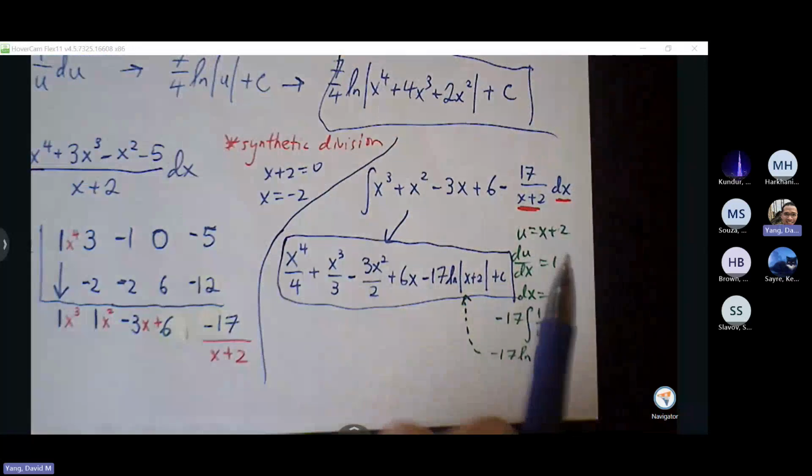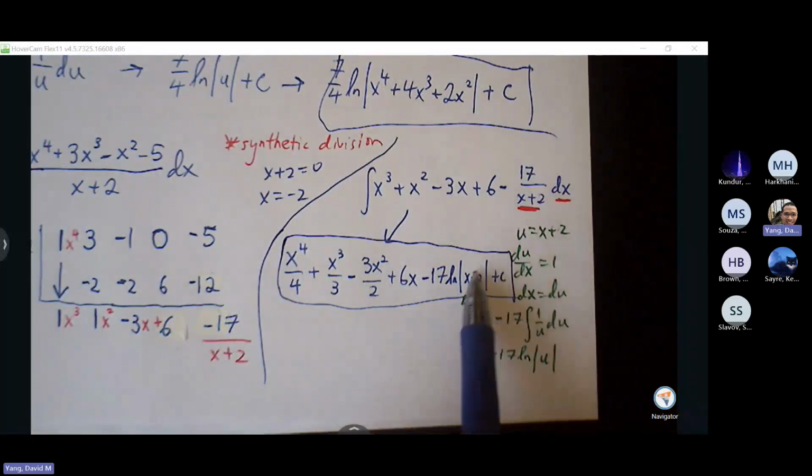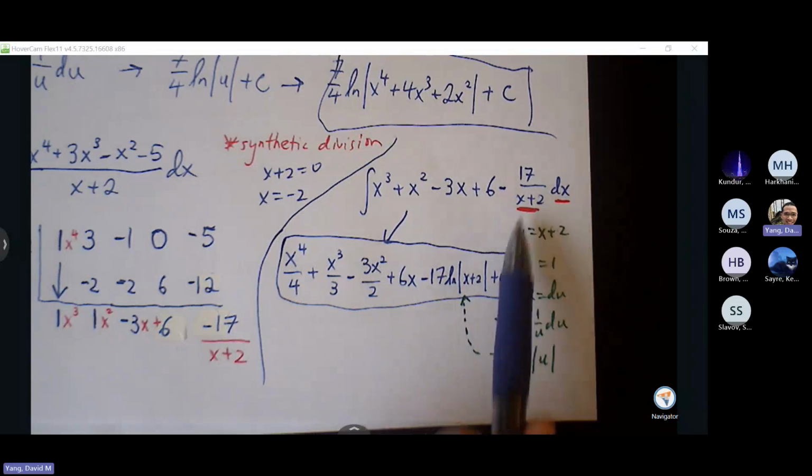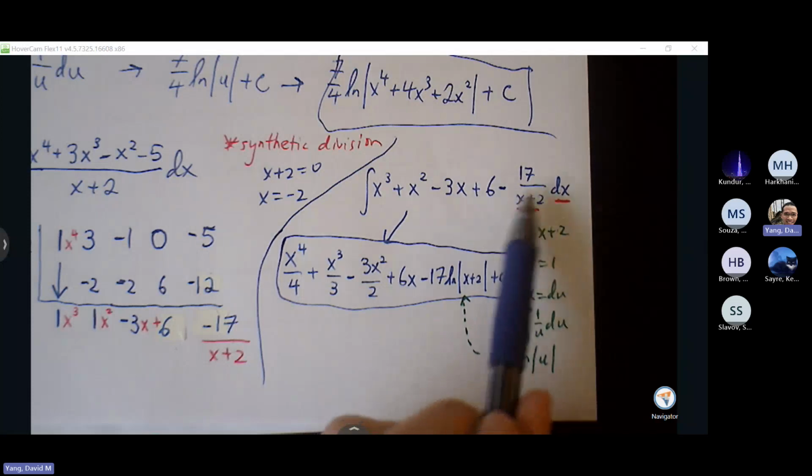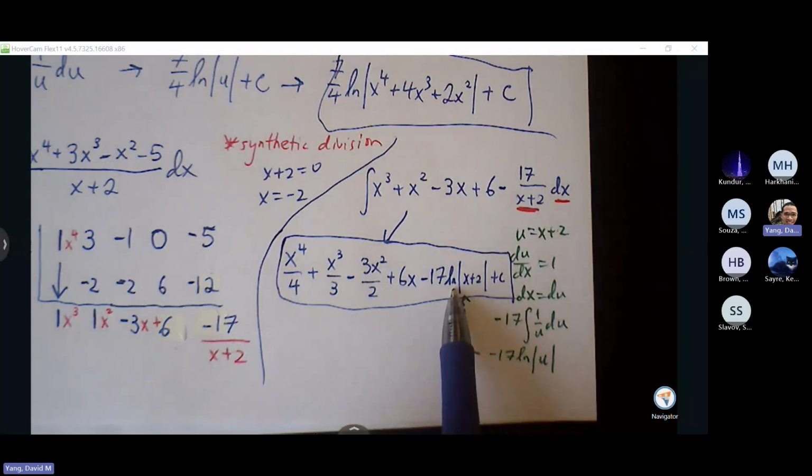If you're comfortable, you can jump from here to here without showing any of the u substitution steps, because this is relatively easy. We know the u value won't produce anything other than 1, so nothing to keep track of.